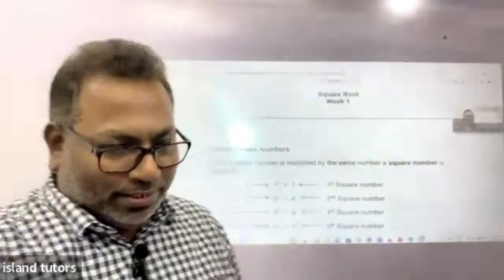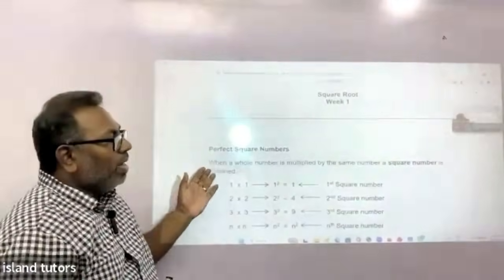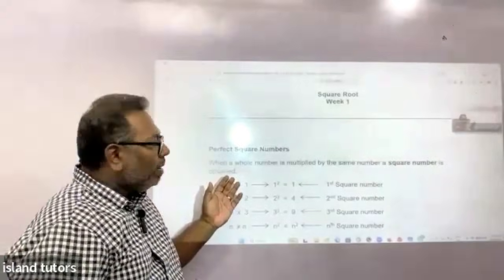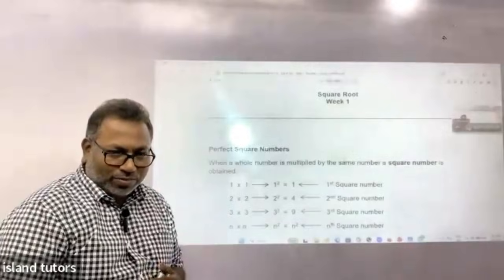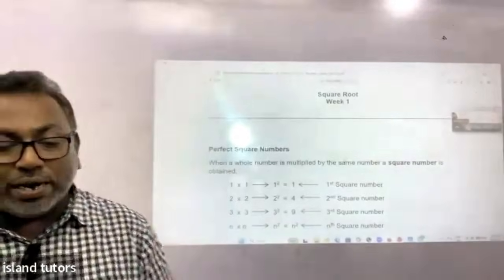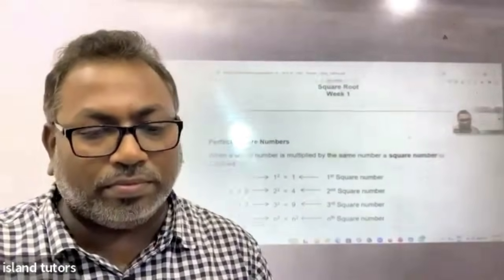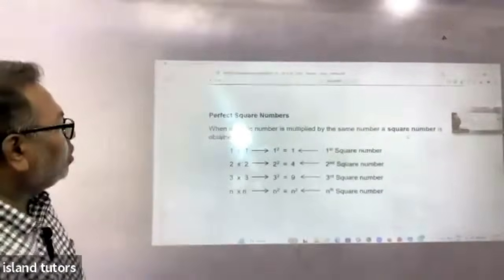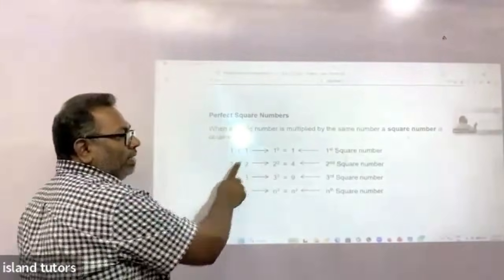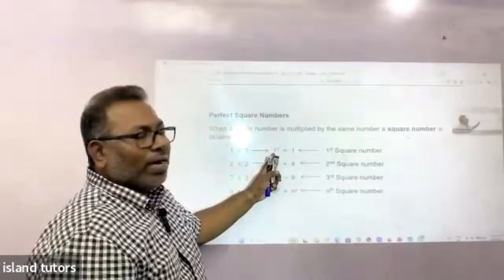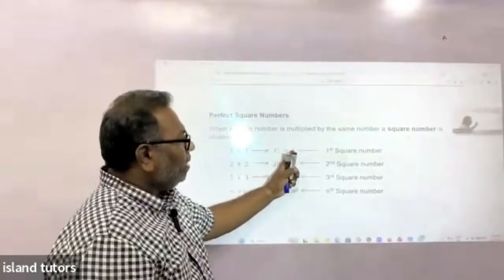What are perfect squares? For perfect square numbers, when a whole number is multiplied by the same number, a square number is obtained. This is what we call perfect square numbers. When a whole integer is multiplied by itself, you get 1 to the power 2, which is 1 multiplied by 1.